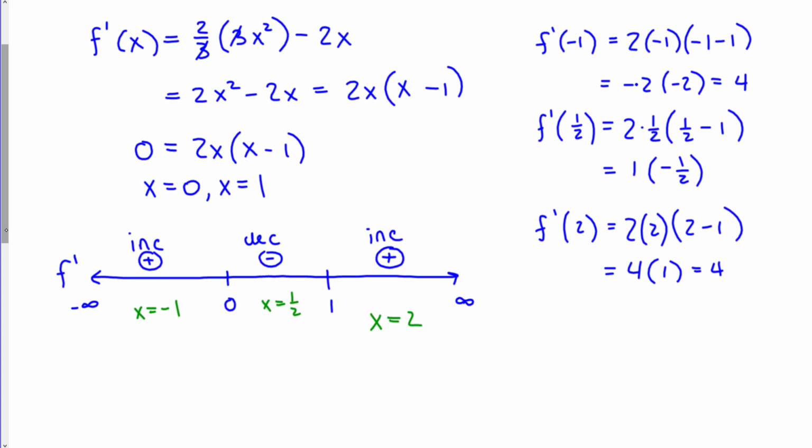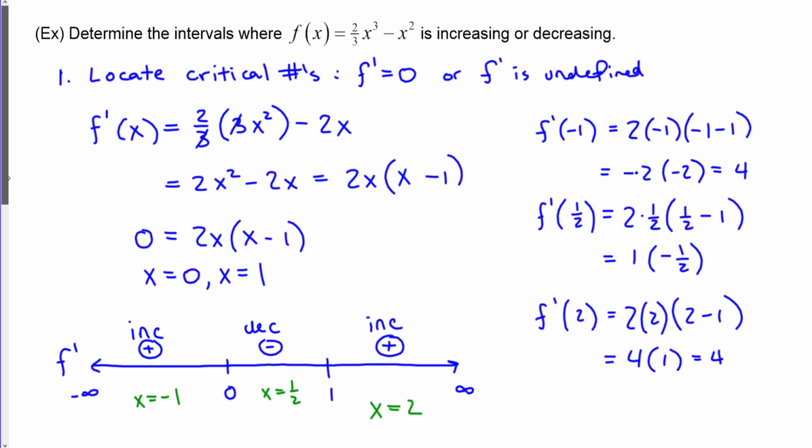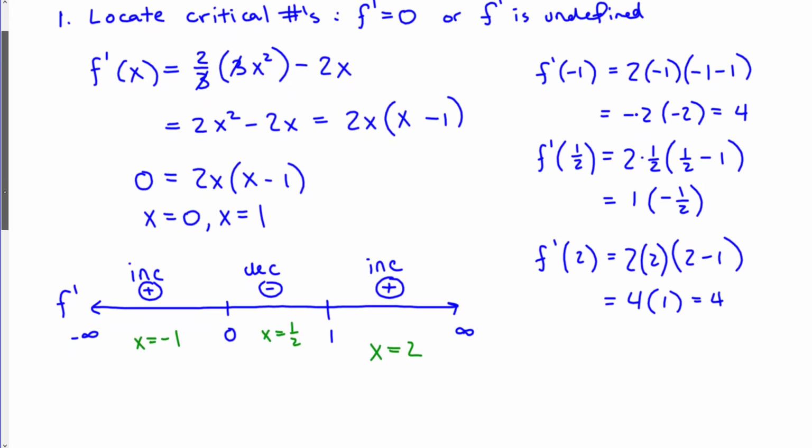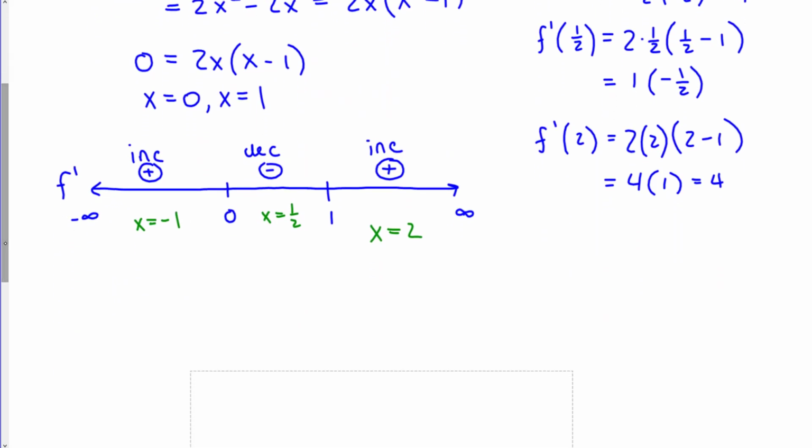So if I want to answer where this function is increasing and decreasing, I can now do that. I've never even looked at the graph, and I can already do that. So this function is increasing on the interval from negative infinity up to 0.